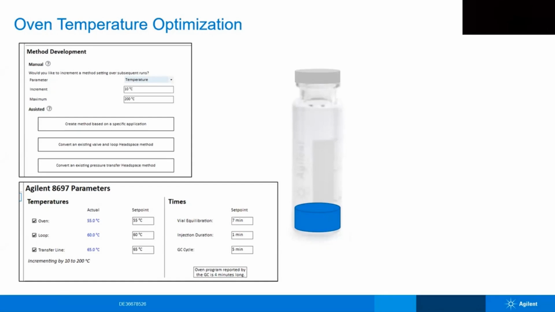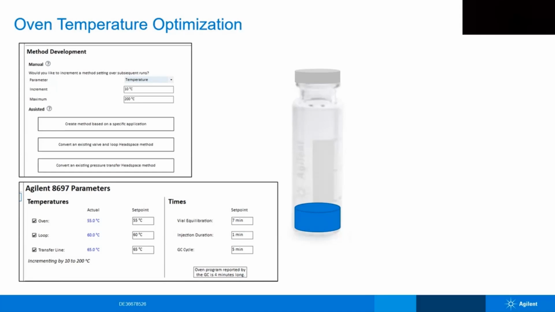So we'll start with the oven temperature optimization. And in this case, we're going to increment by 10 degrees each run. We are going to start with an oven temperature of 55. So these were the parameters that our method development wizard gave us to start with.